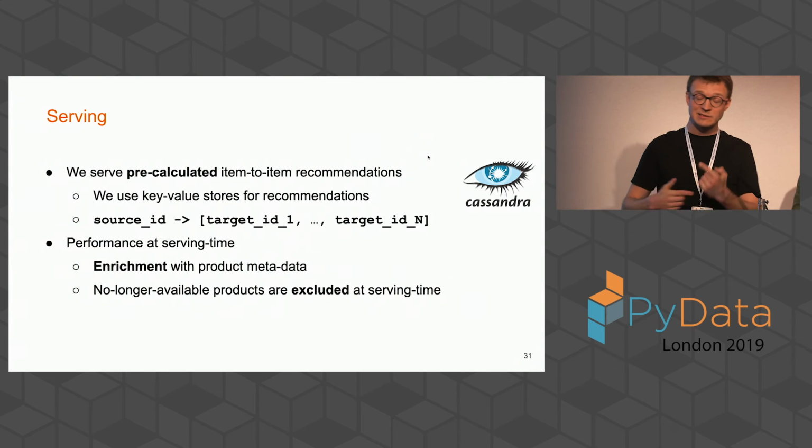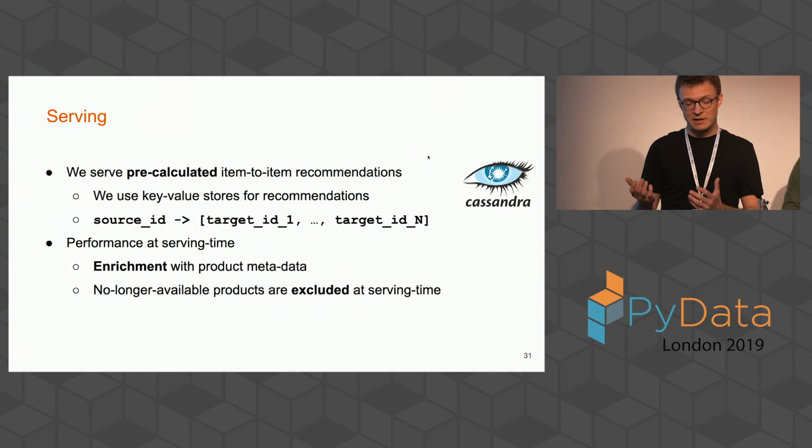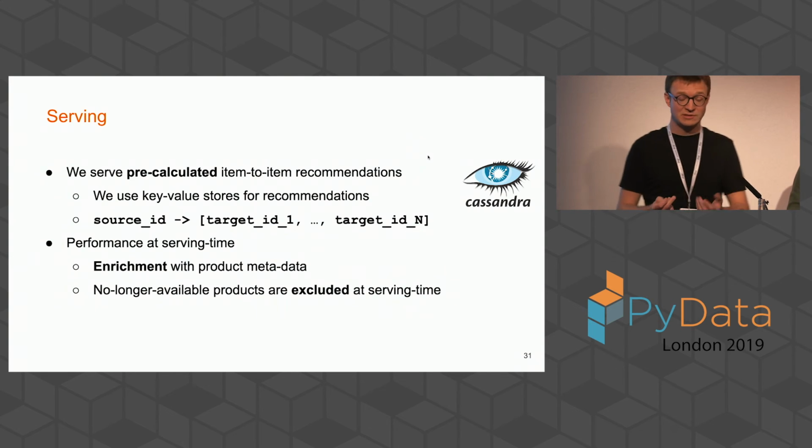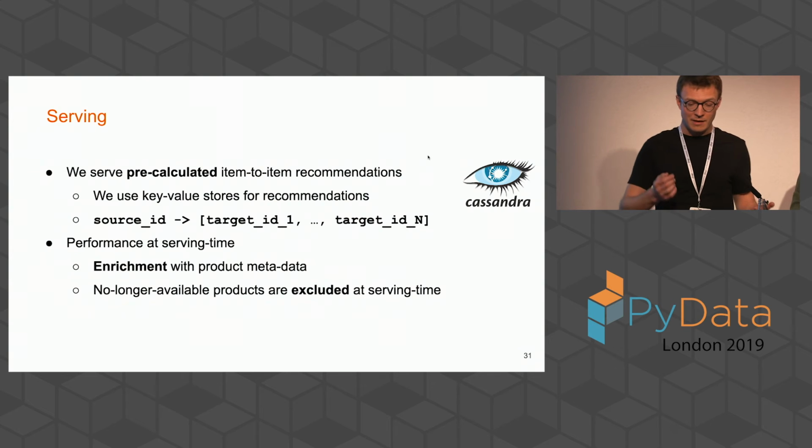And also we need to filter out some elements, because if recommendations are built daily, then after those recommendations are pre-computed, some products can be no longer available on our platform. So we need to check, before returning recommendations to a user, whether the products are still available.